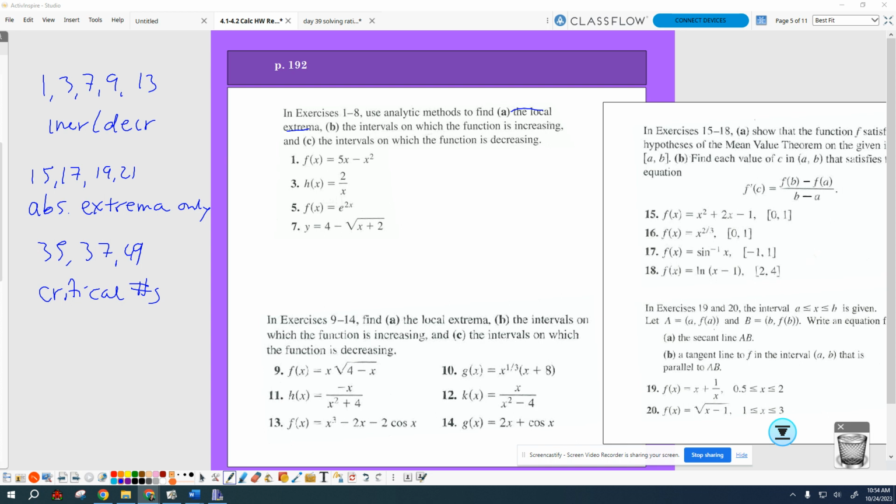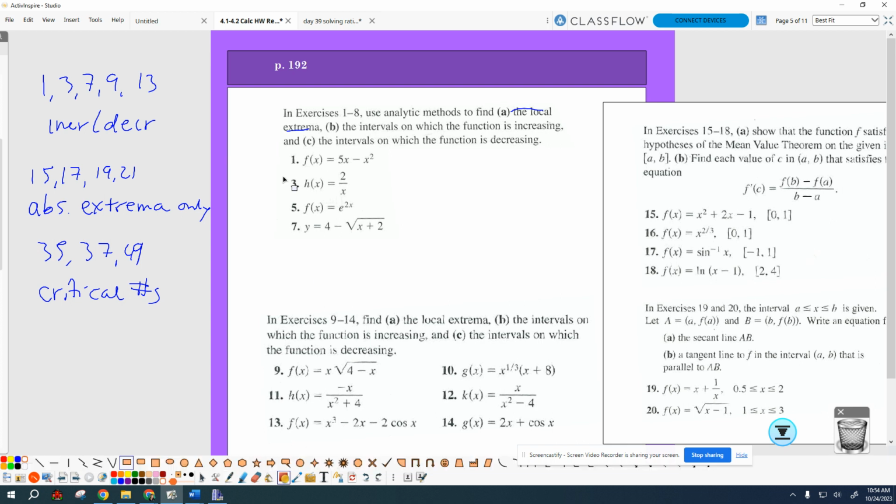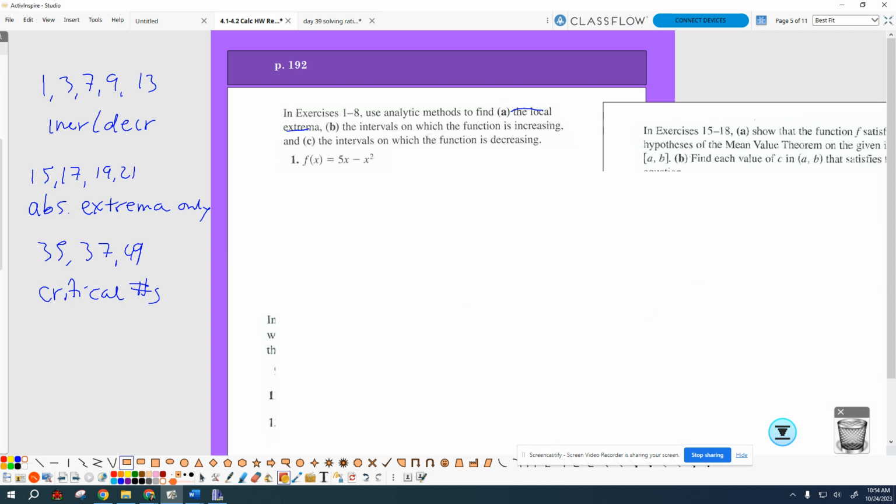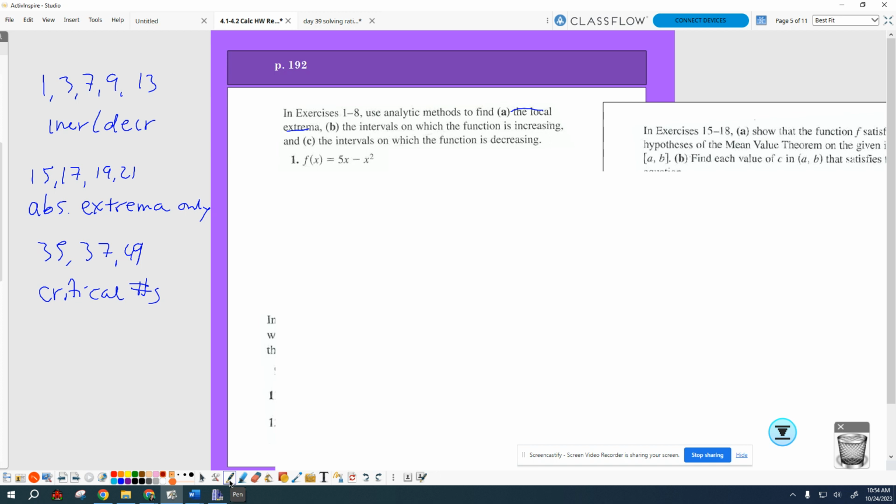All right, well, let's look at the first one. First of all, I hate it, but I know Algebra 2, right? It's going to be something like that.